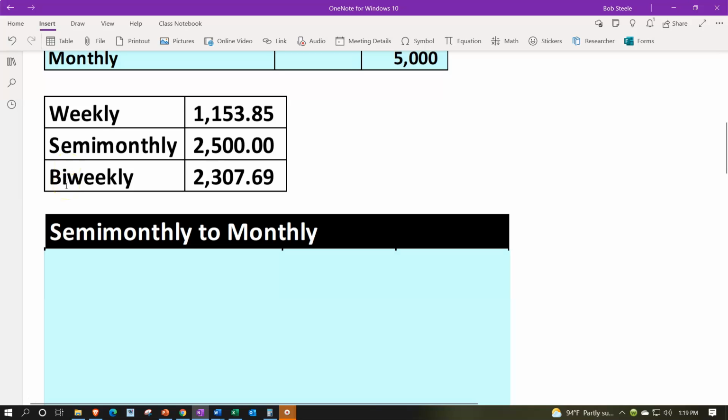Now, semi-monthly is a funny one because it's kind of nice, but it's kind of funny because we basically said, hey, I'm going to take all the months and pay people in the middle of the month and the end of the month, which is weird because the months are different. Some have 30 days, some could have 28 days, 29 days, 31 days. So paying people in the middle of the month and at the end, at like the 15th and either the 28th, the 29th, the 30th, or the 31st, means that you've got uneven pay periods.